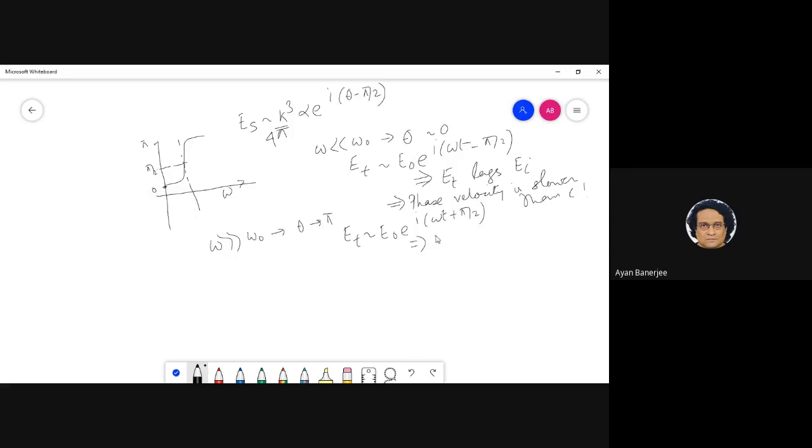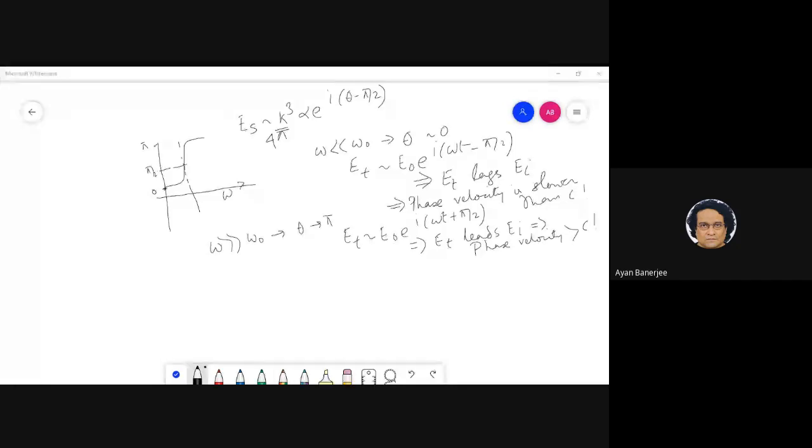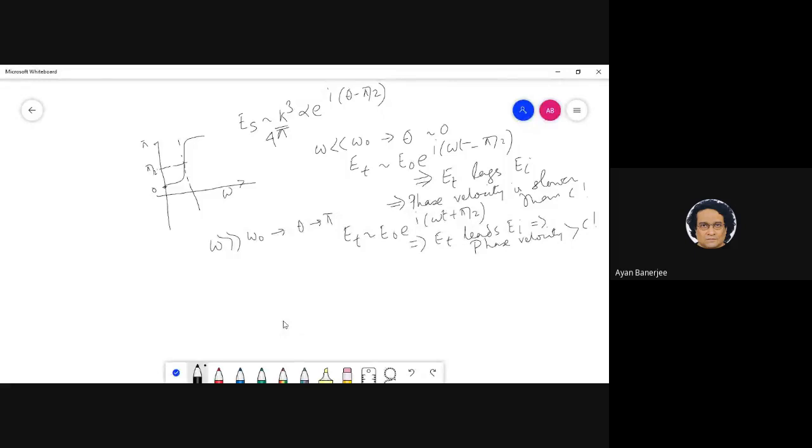Which clearly says that Et leads Ei, which essentially means that the phase velocity is greater than c. And this is very nicely illustrated in this picture that I am directly taking from our friends Bohren and Huffman.